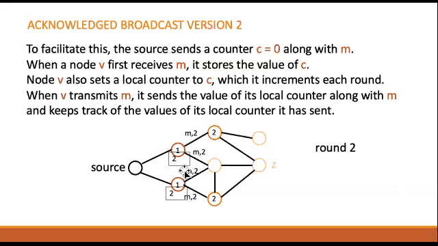The little square beneath each node is the list of counter values that they've sent in messages. In round 3, the 2 brown nodes are the dominating set. They transmit the message M3, and they record that they've sent a message with counter value 3. The 3 orange nodes receive this message and store 3 as the counter value when they first received M.